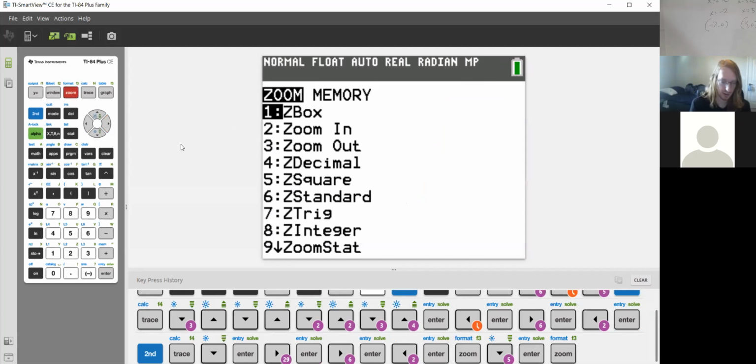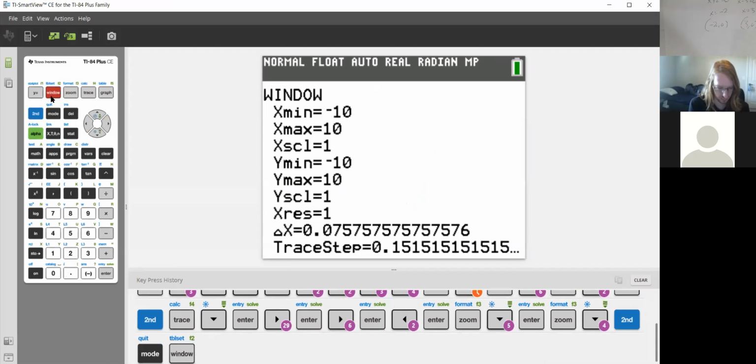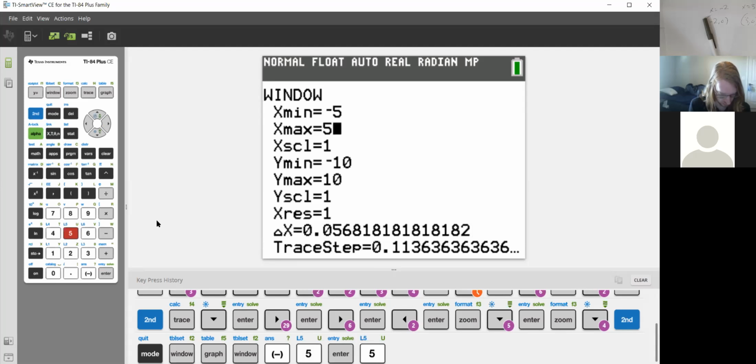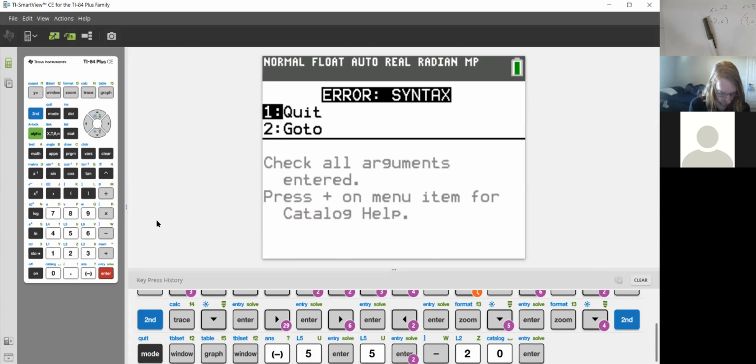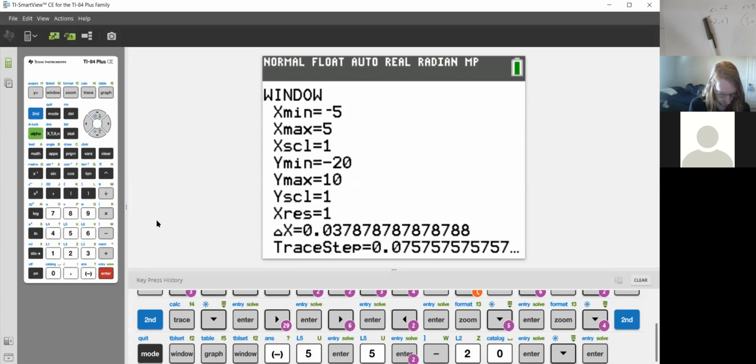And you can also zoom in and out, right? I think the way you do that is with the window. There's your window, so if you want to fix your graph, your window tells you what it is. This is your min and your max. If we want to go from -5 to 5, and then from -20 to 20 in our Y scale, this has to be a negative, not a minus sign.